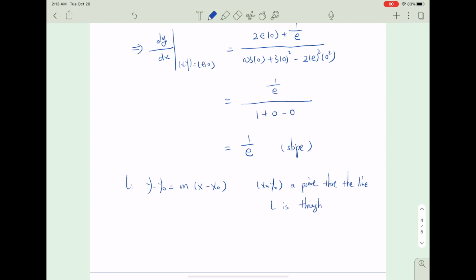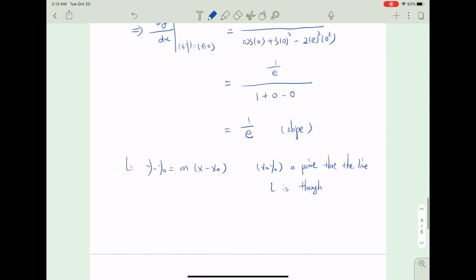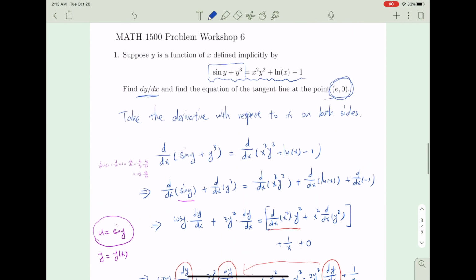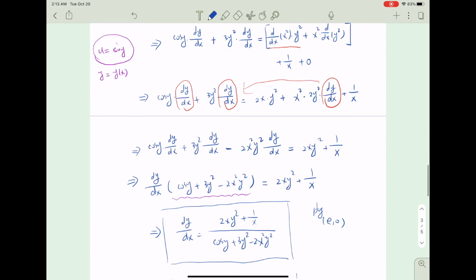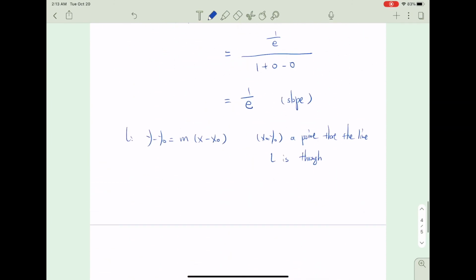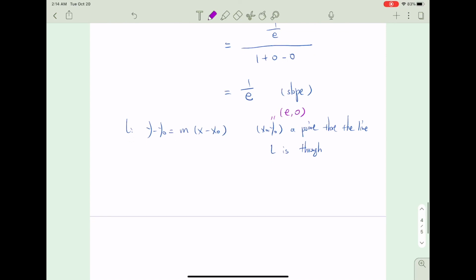So it could be any point as long as the line goes through it. And since we're talking about the tangent line at this point (e, 0), we can take (x0, y0) as (e, 0), because it's the tangent point.